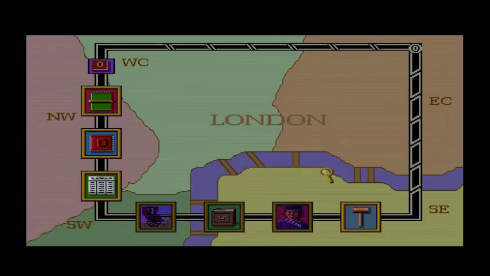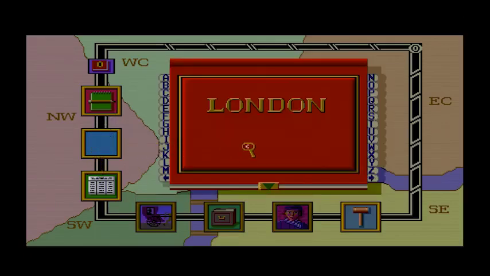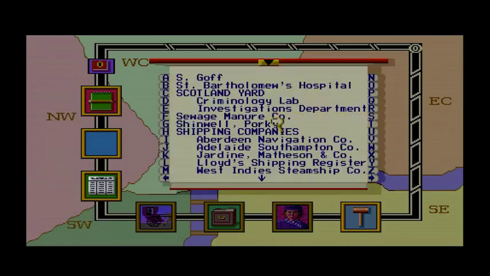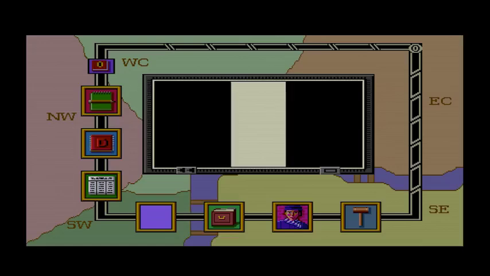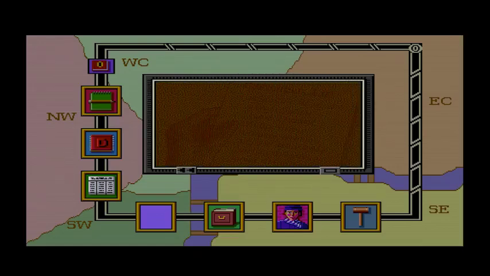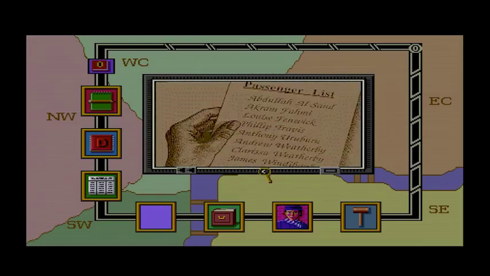Jardine, Matheson and Co. under shipping companies. Is that where we went to get the... mm-hmm. Here is a passenger list you requested, sir. Okay.